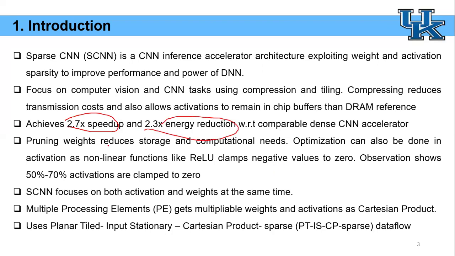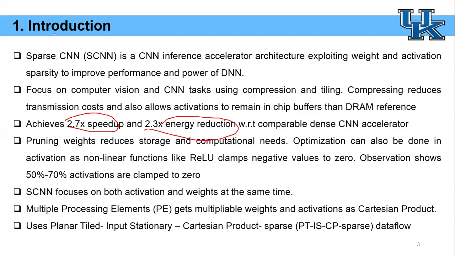So for the activations, what it's trying to explore is that, for example, using some non-linear functions such as ReLU, the ReLU function clamps all of the negative values to zero. So then we don't need to multiply by zero anymore, because multiplication by zero is automatically zero, and obviously adding zero gives the same number as well. So it removes that kind of redundancy.